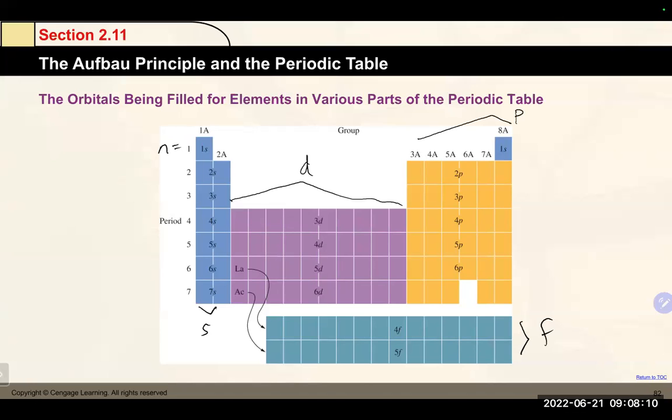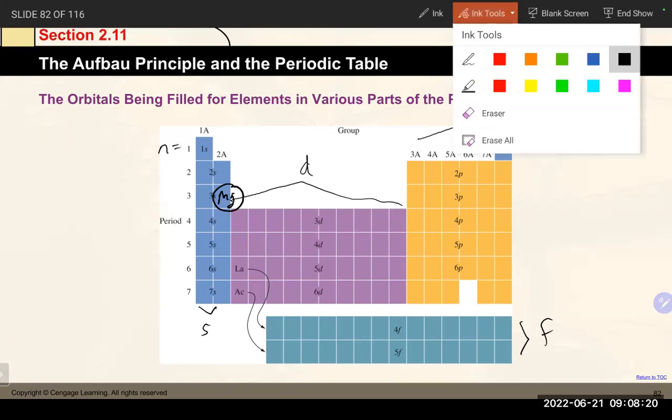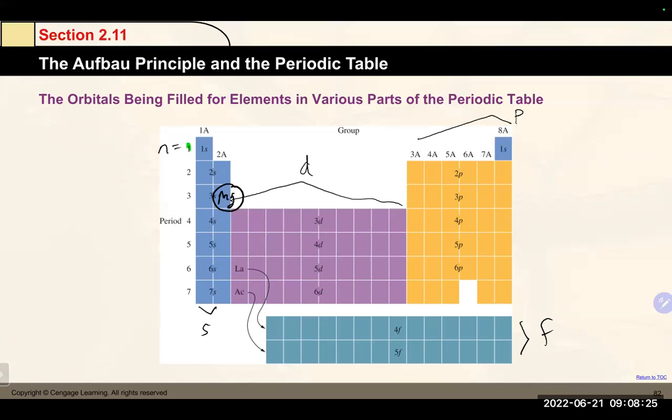For example, we did magnesium, which is right there. If we were going to count it off on the periodic table, we would start up here and go all the way over here, and that would be 1s2, coming back here, 2s2, 2p6 all the way to the end, and then 3s1 and 3s2 would be our electron configuration by counting it off like that.